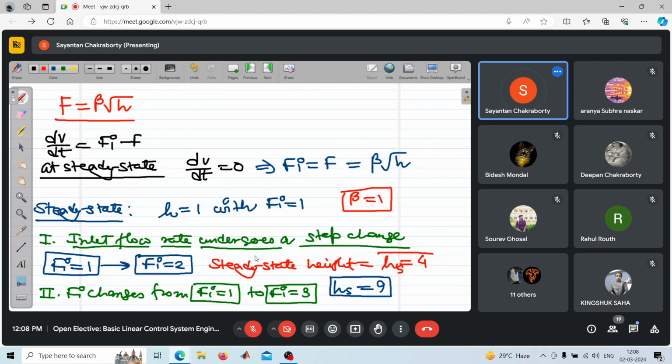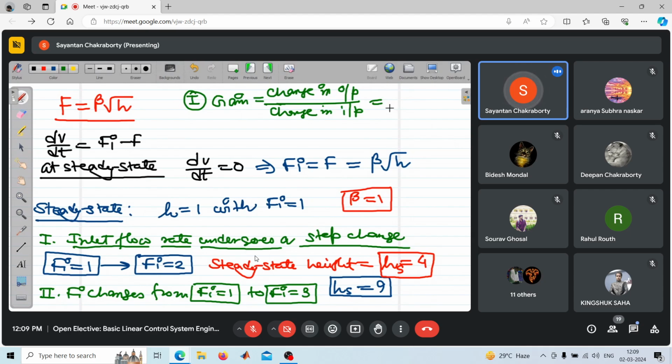What is that? See, if you consider the first step in case 1, what is the gain of the system? Defined as change in output by change in input.